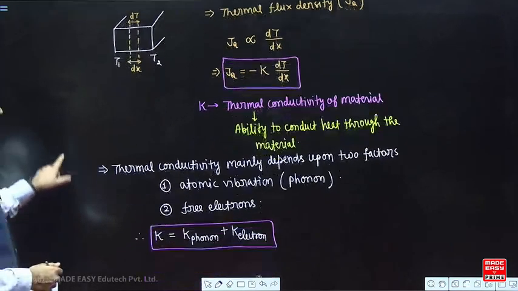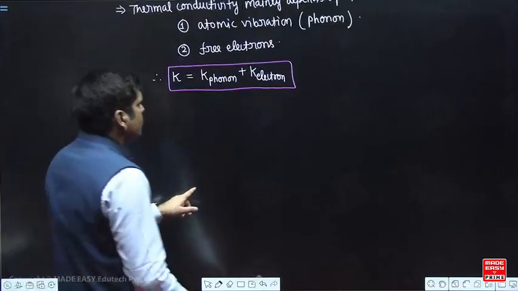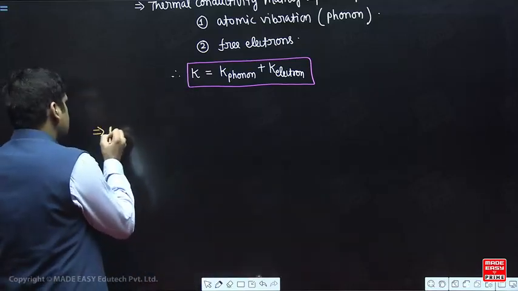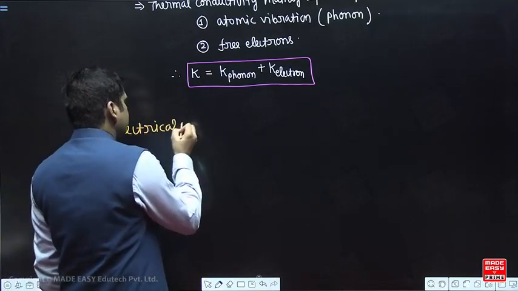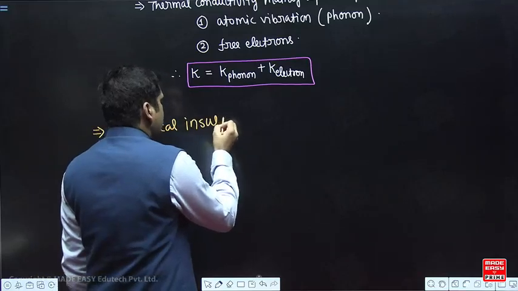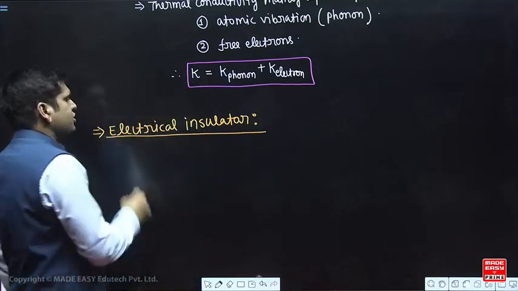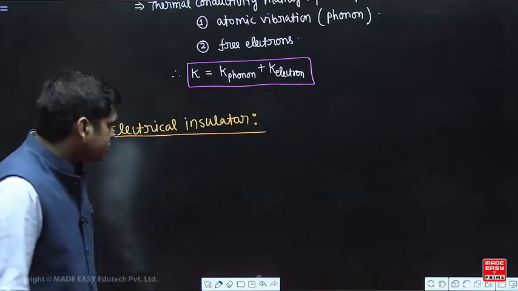Right. So thermal conductivity. Now suppose you have a material which is an electrical insulator. It does not have free electrons, because if it had free electrons, it would be an electrical conductor.